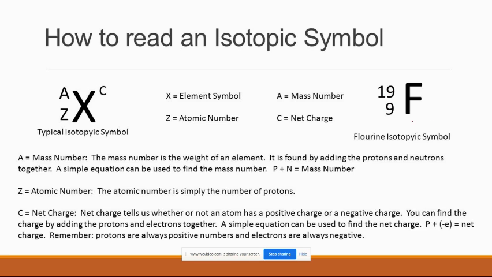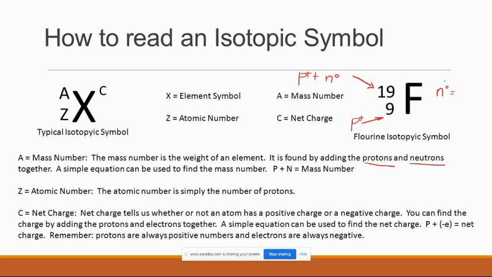So how many neutrons would this fluorine atom have? Okay, what is my mass number? My mass number is protons and neutrons. What is this number right here? Atomic number, which is the number of protons. This is the number of what? Mass, well, protons and neutrons.